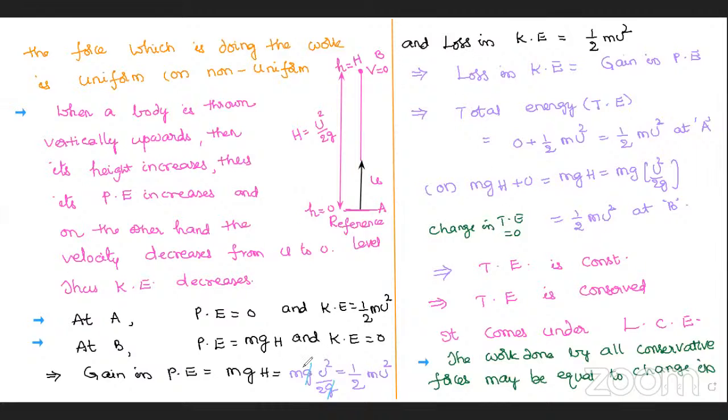You see here, you found some change in potential energy, you found some change in kinetic energy. You observe here, total energy is changed? Half mu square at A, half mu square at B, total energy is not changed. It is not changed means work is not done to change the total energy.